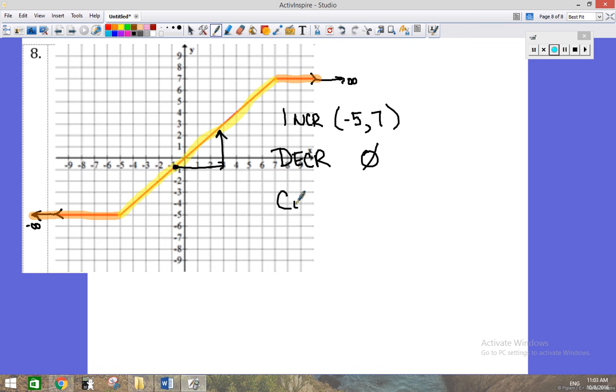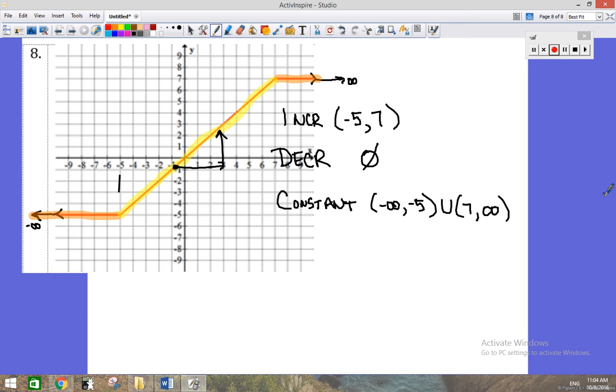The function is constant in 2 intervals, from negative infinity to an x-coordinate of -5, union an x value of 7 off to infinity. The y value is constant. So if we're in this interval or in this interval, as x increases, y will remain constant in both of those intervals.